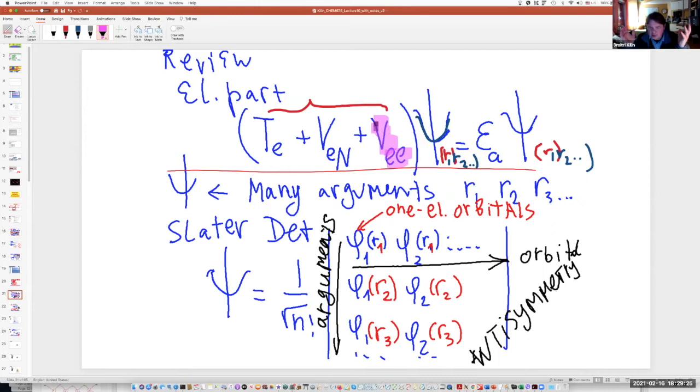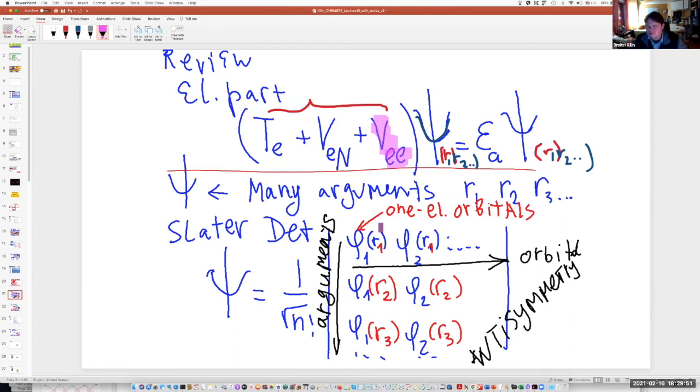Through the Slater determinant, we match antisymmetry, and we have a general protocol. Right? If the factorization is allowed, if we already have single-electron wave functions, atomic or molecular, how do we construct a multi-electron wave function?